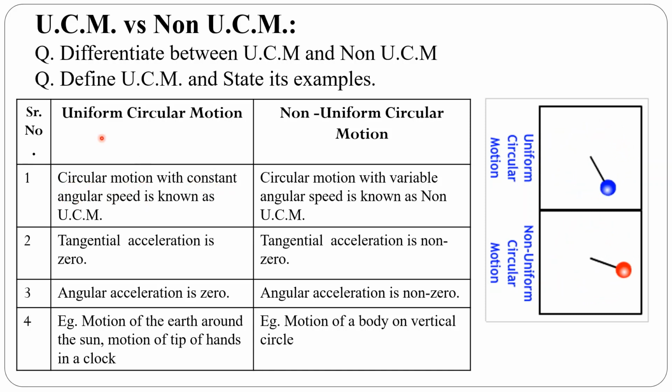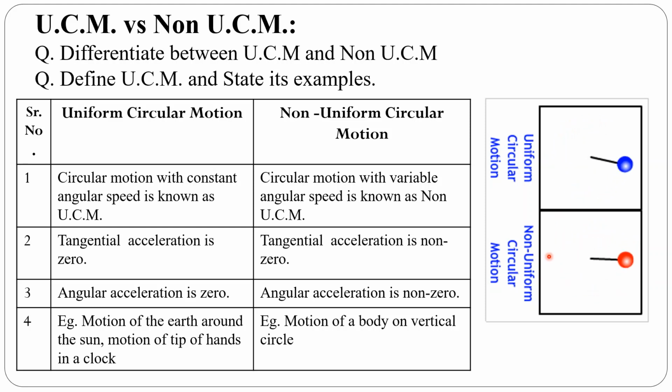The first point is the definition. What is uniform circular motion? Circular motion with constant angular speed is known as uniform circular motion. And what is non-uniform circular motion? Circular motion with variable angular speed is called non-uniform circular motion. From the figure we observe that the blue object has constant angular speed, so it is uniform circular motion.